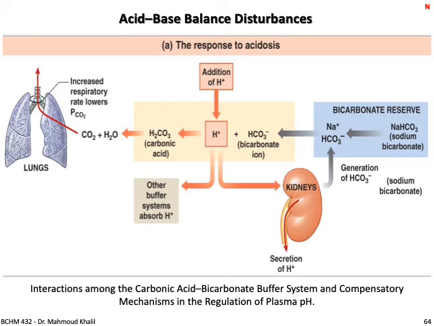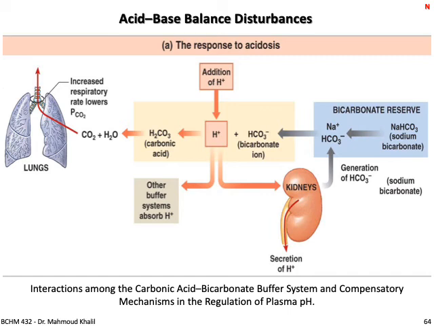We'll see from this figure that due to acidosis, there is an addition of proton ions, and the body tries to shift back into balance. This hydrogen ion will form carbonic acid, which gets released through the lungs. In other ways, bicarbonate comes from the bicarbonate reserves.